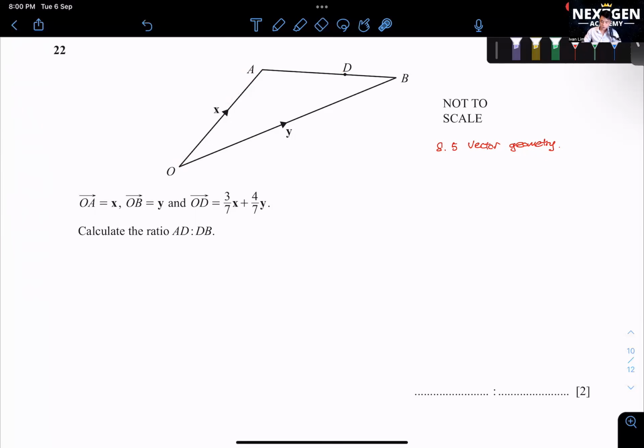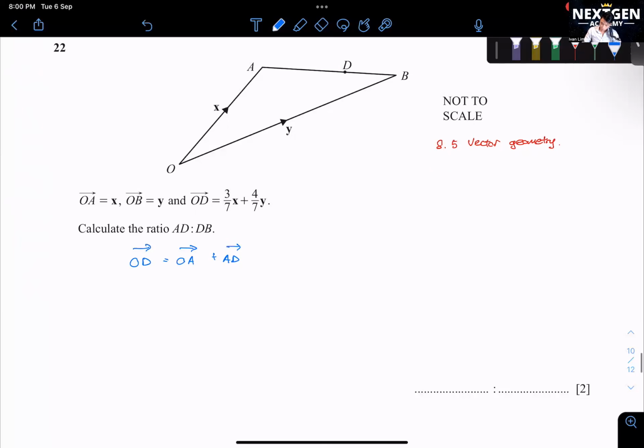So how vector geometry works is like I travel from one place to another, then another place to another. So OD, I can say is OA plus AD, right? OD is equals to OA plus AD. So I know what is OD, which is 3 over 7x plus 4 over 7y. I know what is OA also.